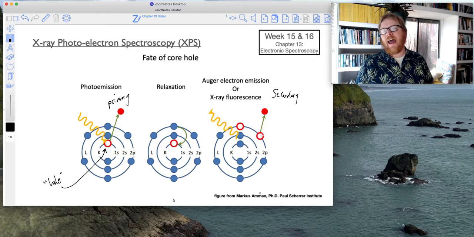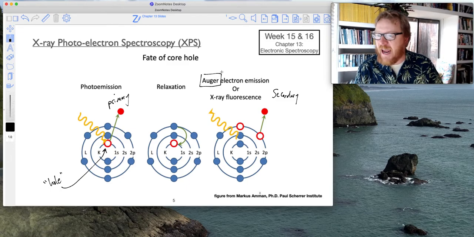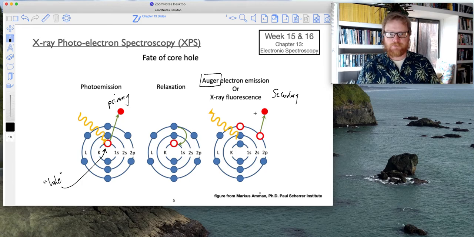But now we can have secondary emission of electrons due to the instability created in this process. Those secondary electrons that are emitted are called Auger electrons. It's not "Auger" as in the tool, it's the name of a French scientist, so it's an Auger electron emission.